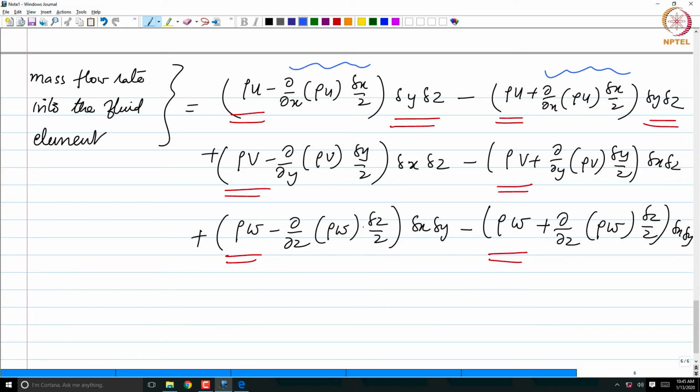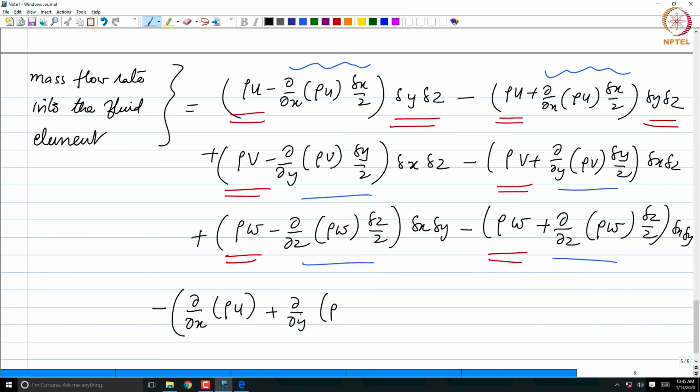And then we have three such terms. So we can write it as minus partial x of rho u times delta x delta y delta z, minus partial y of rho v times delta x delta y delta z, minus partial z of rho w times delta x delta y delta z.